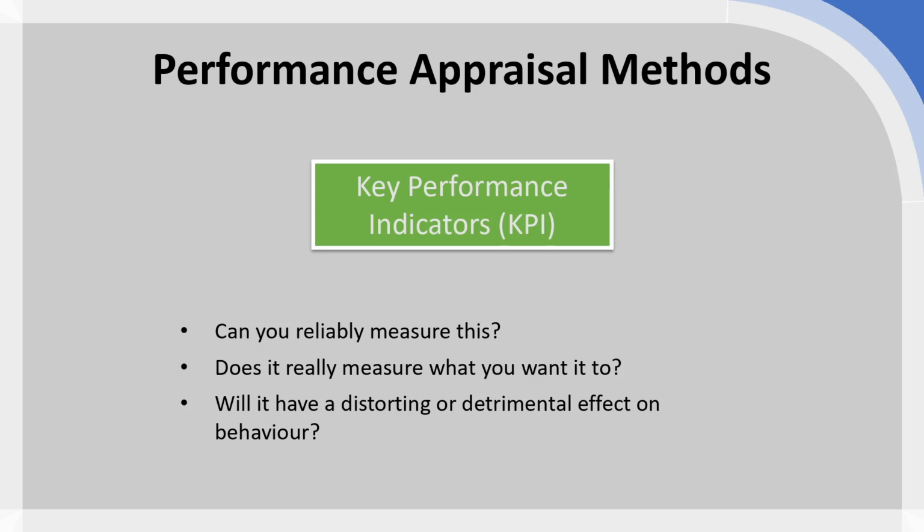Instead, the optimization will occur for the KPI instead. Now, if you have a well-chosen KPI which necessitates achieving the qualitative objective, then that is really no issue whatsoever. Then you're not going to have a detrimental effect on behavior.